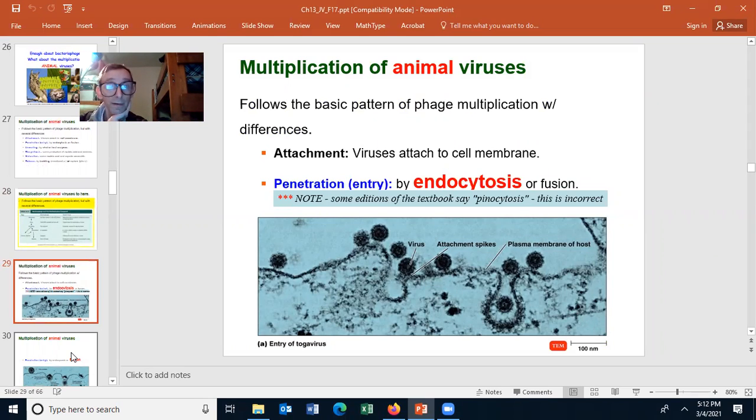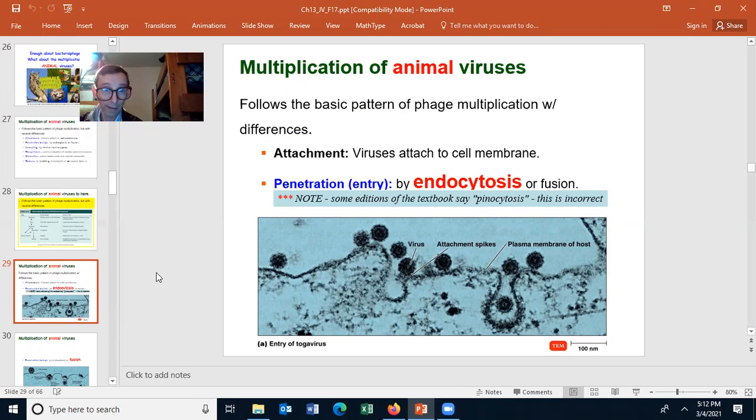The multiplication of animal viruses does follow a little different pattern, and one difference is their attachment to the cell membrane. It differs because bacterial viruses attach to the cell wall of bacteria. Animal cells, of course, don't have a cell wall, so the virus attaches to the cell membrane. And they get into the cell differently.